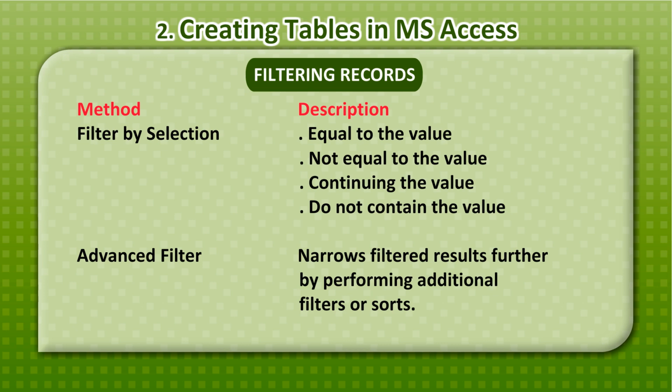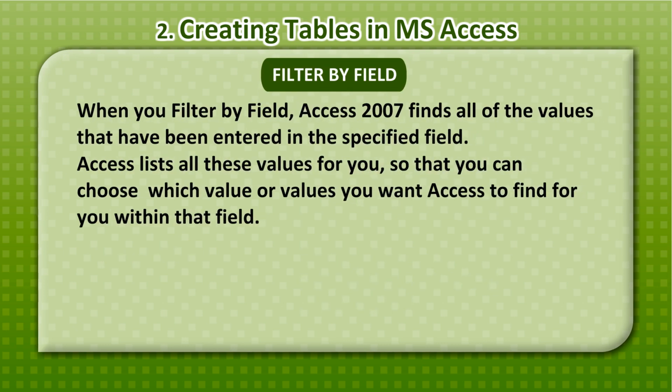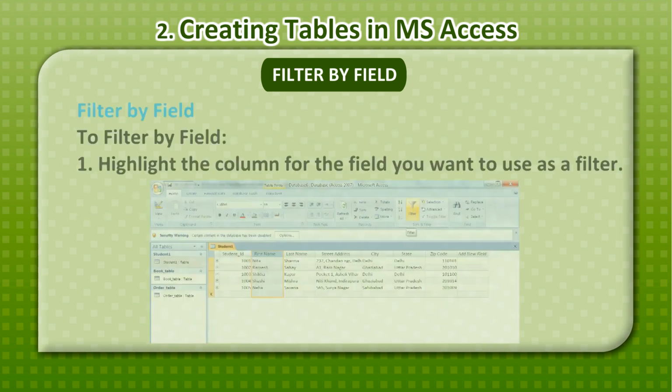Narrows filtered results further by performing additional filters or sorts. Filter by field. When you filter by field, Access 2007 finds all the values that have been entered in the specified field. Access lists all these values for you so that you can choose which value or values you want Access to find for you within that field.